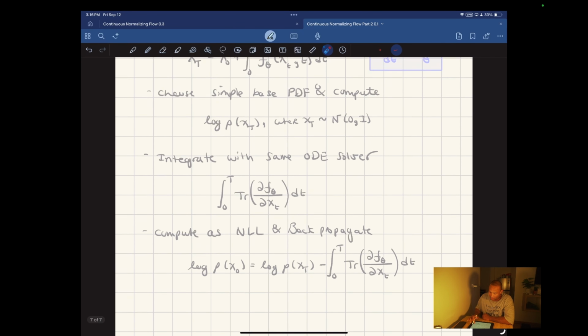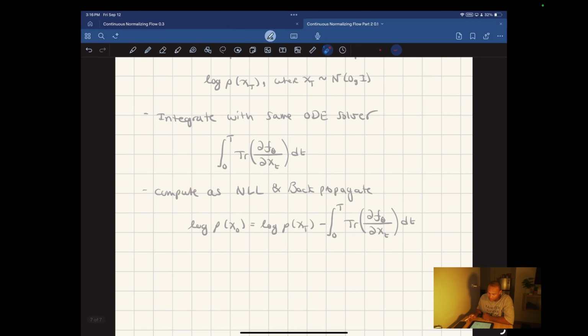And that, ladies and gentlemen, is continuous normalizing flow.